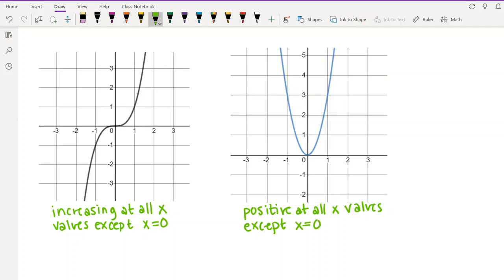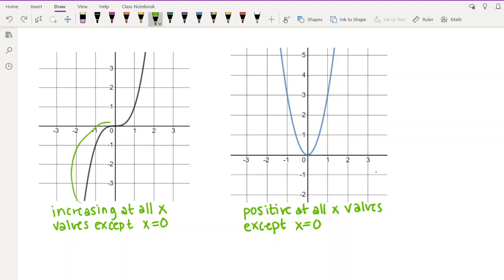So I said this last time, but I really want to emphasize it because I found when I've taught this class in the past, people get confused between what increasing means and what positive means. When I say positive, I literally just mean that the y values are above the x-axis. So for example, the graph on the left, the original function, is not positive everywhere, right? This part of the graph is actually negative.